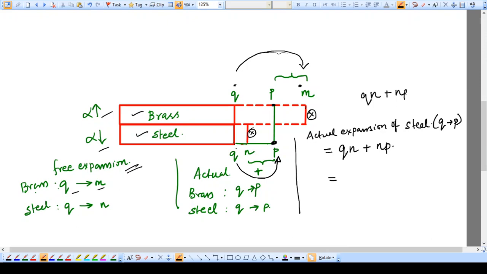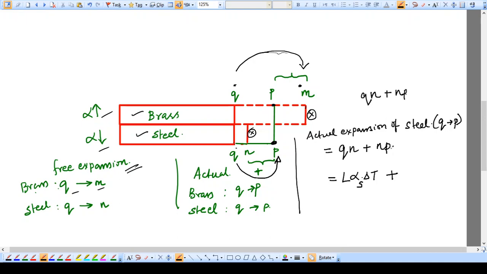What is Qn? Qn is the free expansion due to thermal stress. What is the formula for expansion when subjected to thermal stress? That is given by L alpha delta T. Since we are taking the actual expansion of steel, you can write this as alpha S. Now Np.